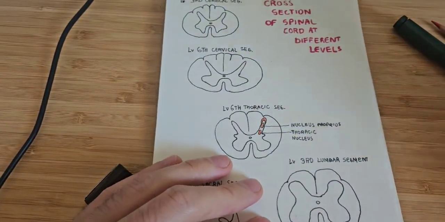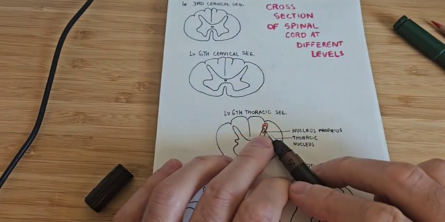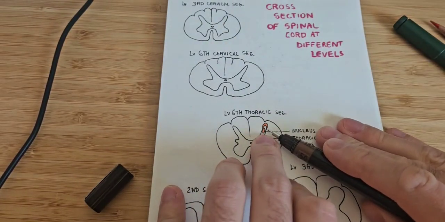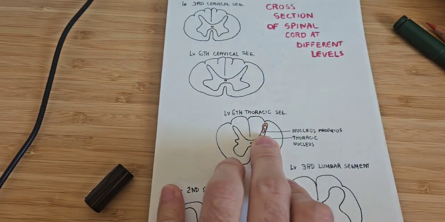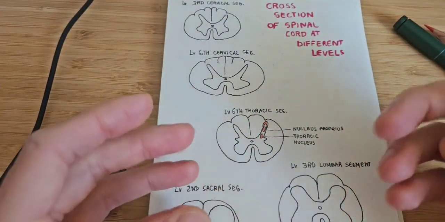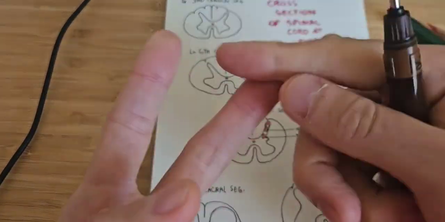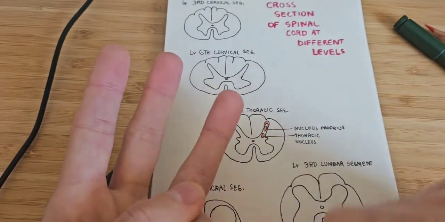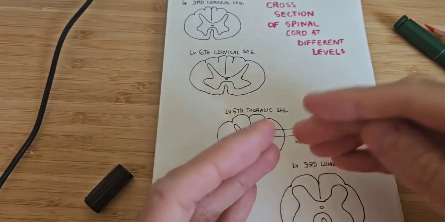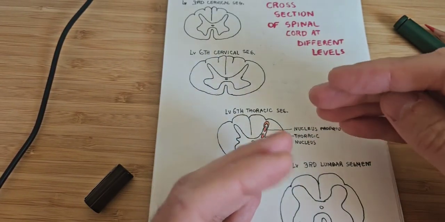The nucleus proprius, which is this one, is situated in the middle portion of the posterior horn, and this nucleus processes a wide range of sensory modalities, including touch, pressure, and vibration, and contributes as well to the formation of the anterior spinothalamic tract.